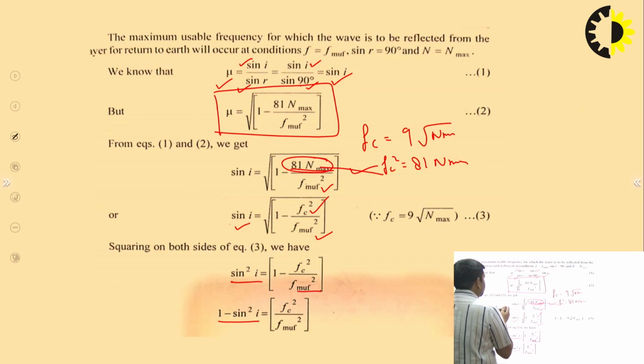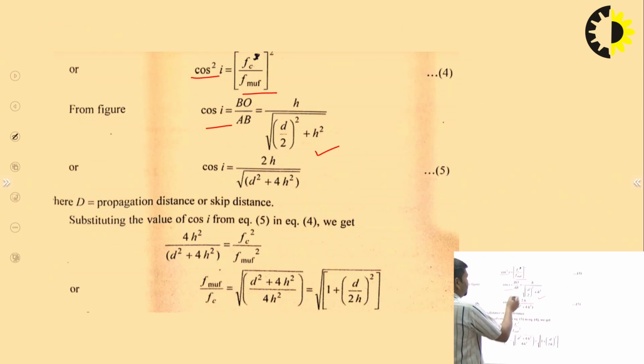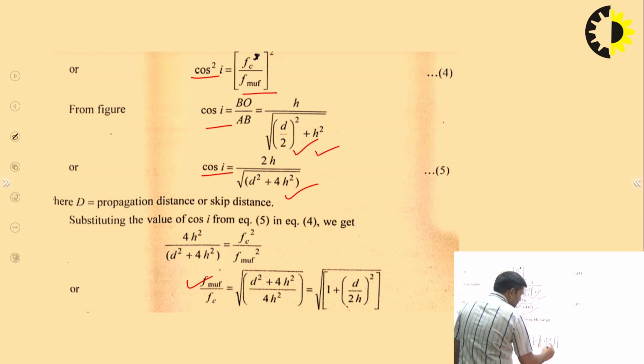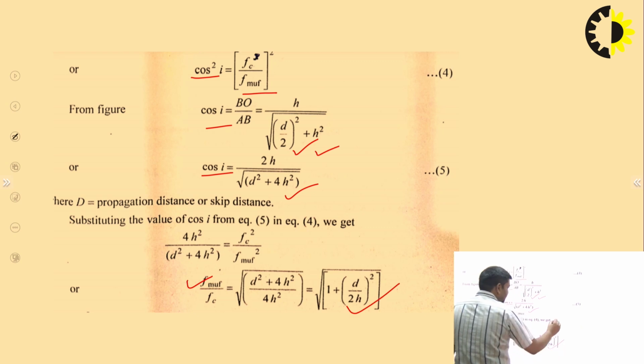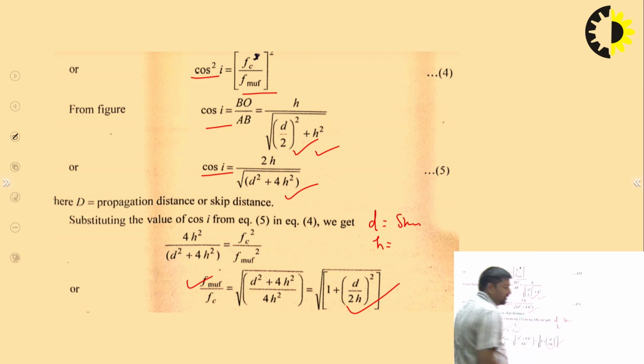Because cos i is equal to d by 2 upon under root of d by 2 whole square plus h square. So we easily calculate, and we put it: f muf upon fc is equal to under root 1 plus d by 2h whole square. Where d is equal to the skip distance and h is the height from the earth surface where the sky wave is reflected back.